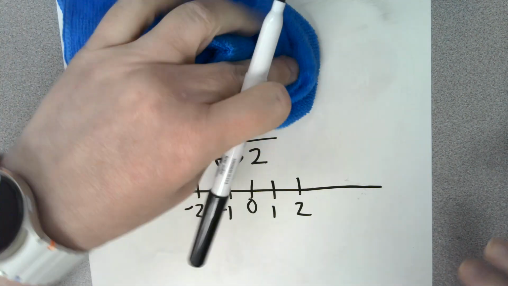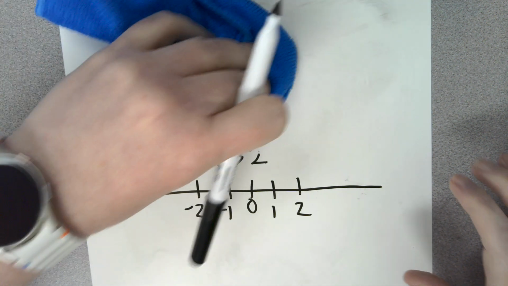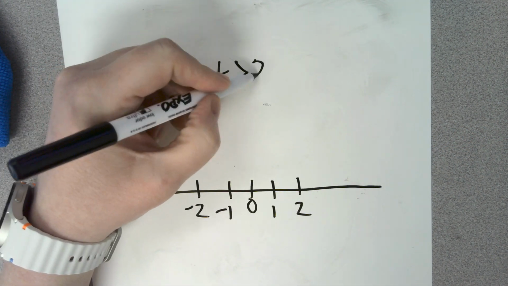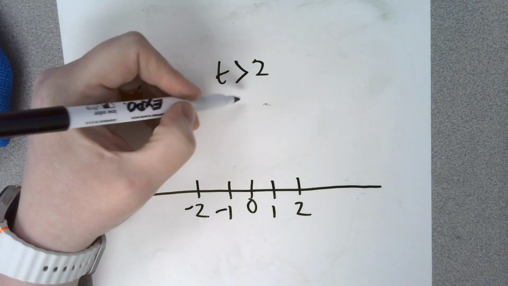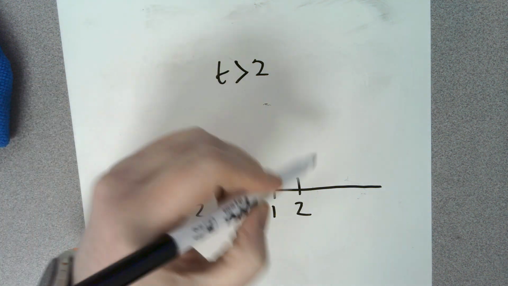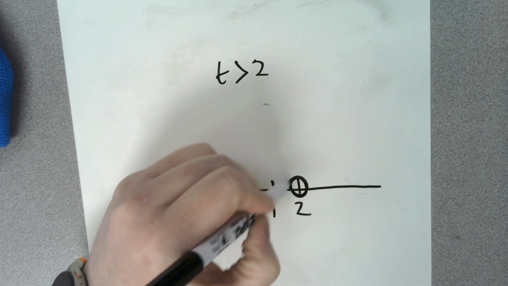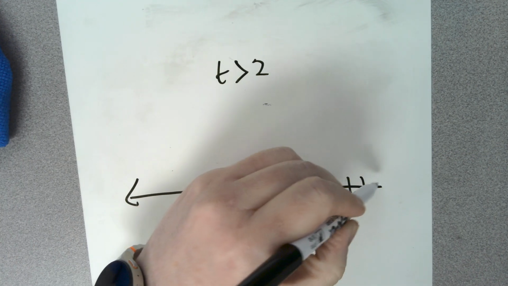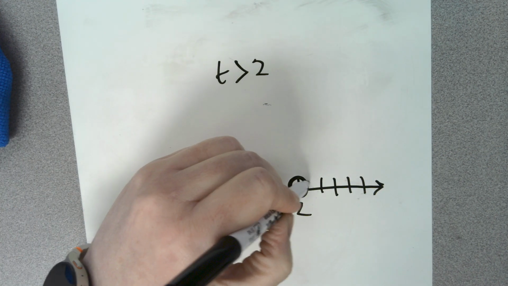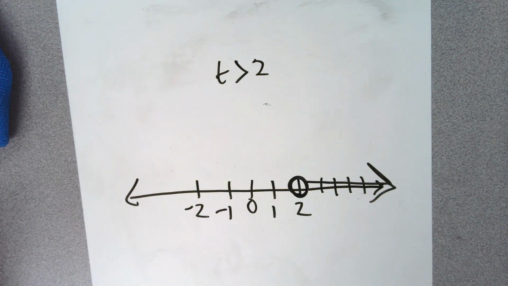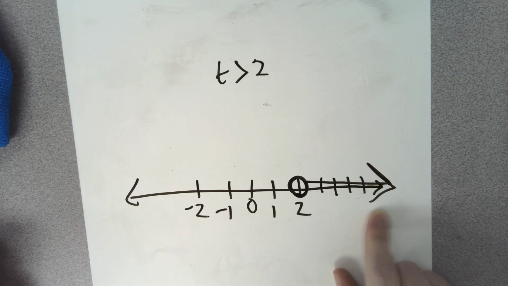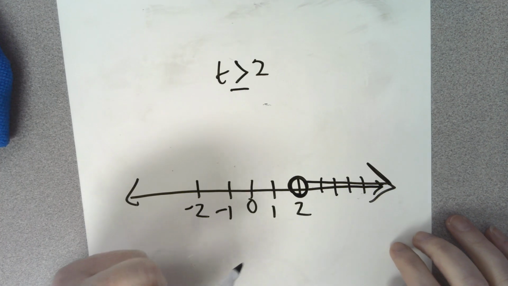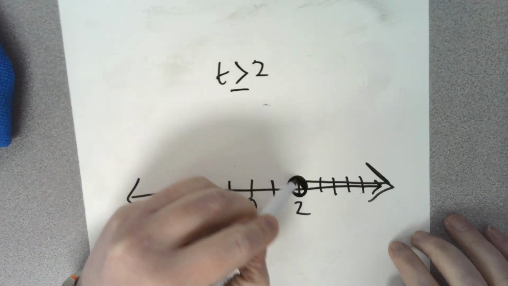So when you're graphing inequalities, so if we had like t is greater than 2, so it can't be 2, but you're still going to put your dot, big open dot like that, and then you know that it has to be bigger than, so you draw an arrow line to the end of the graph, just like that. Now if this showed an equal sign underneath, you color this in.